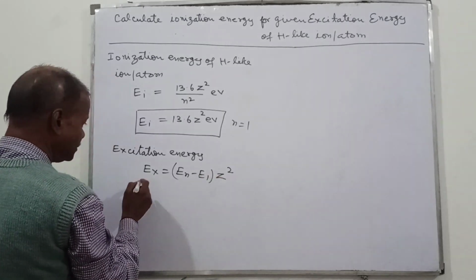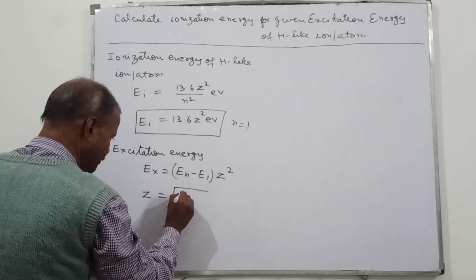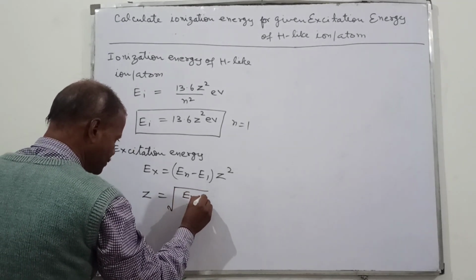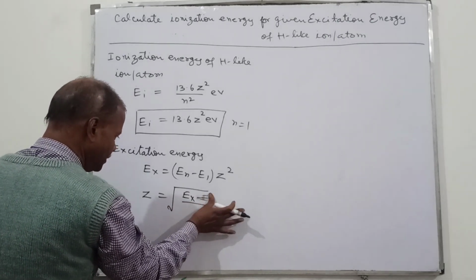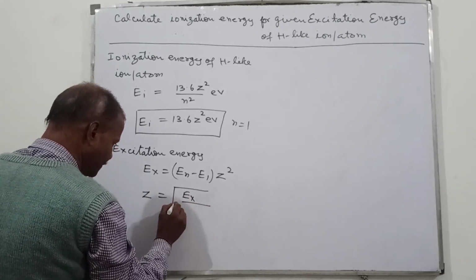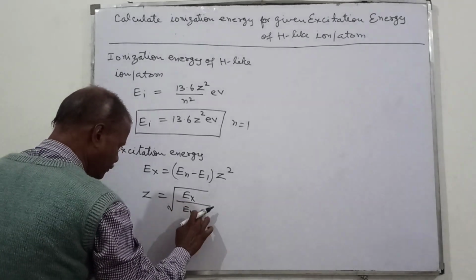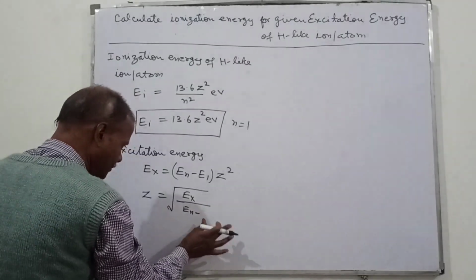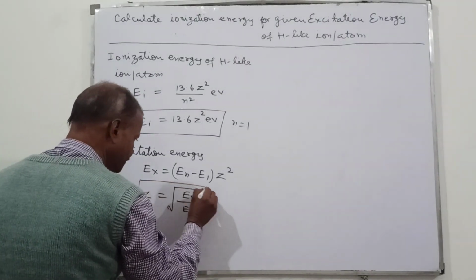So now this Z equal to square root of Ex upon En minus E1.